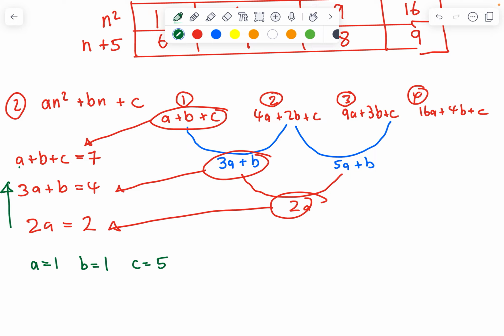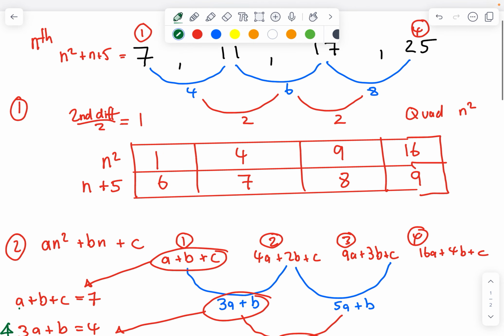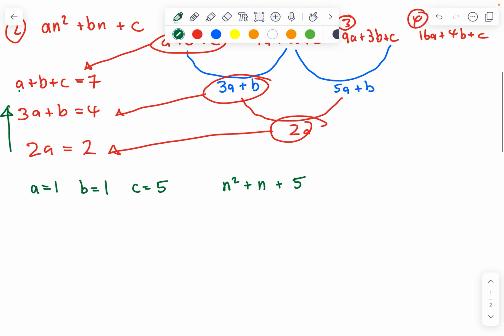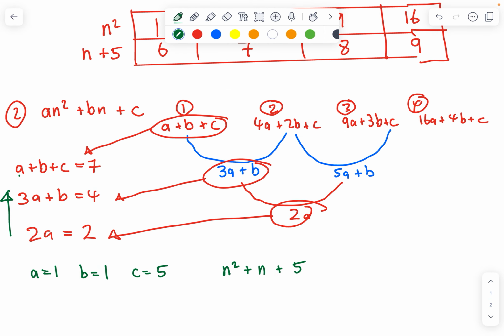So our quadratic sequence is n squared plus n plus 5, which is exactly what we found from the other method. Okay, now this algebraic method is good, but it means you need to memorize these terms, the a plus b plus c, 3a plus b, and 2a.